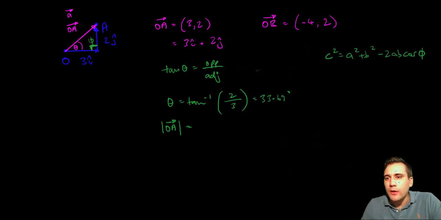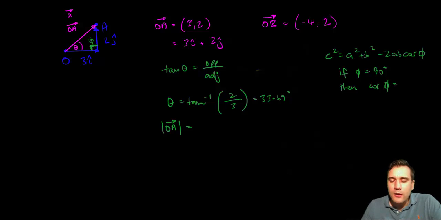then what we're saying is, well, if phi is equal to 90 degrees, then cosine of phi, cosine of 90, is equal to 0. So this whole part here evaluates to 0. So for a right-angled triangle, you get c squared equals a squared plus b squared.